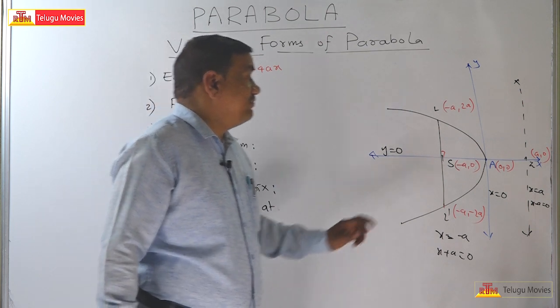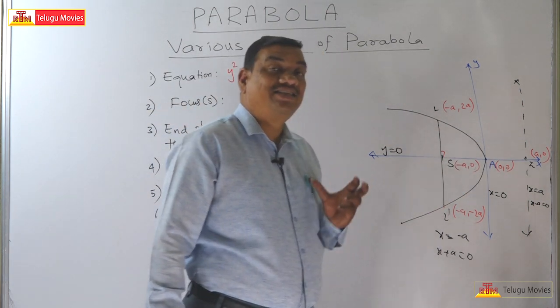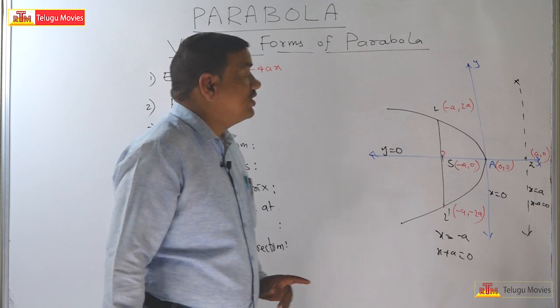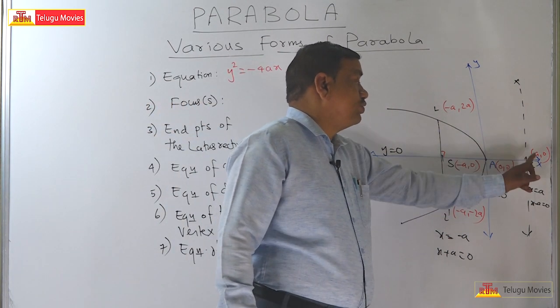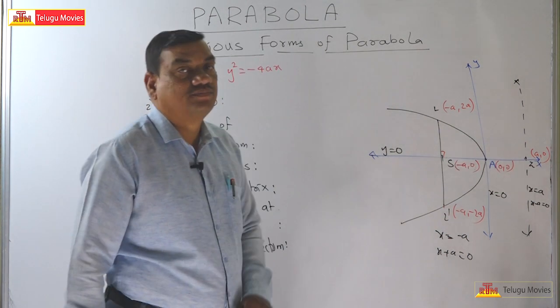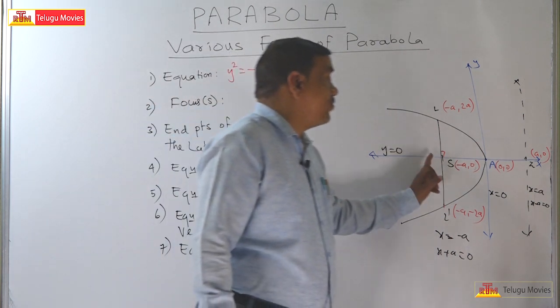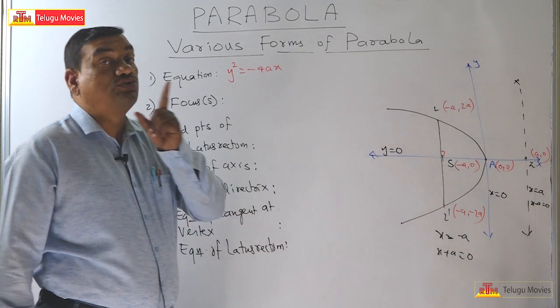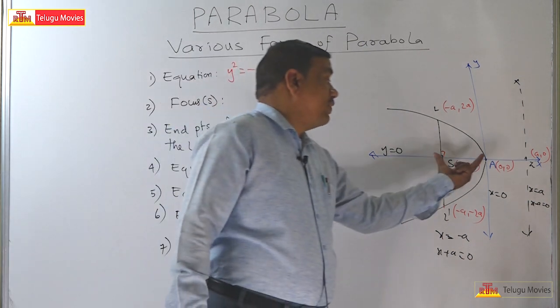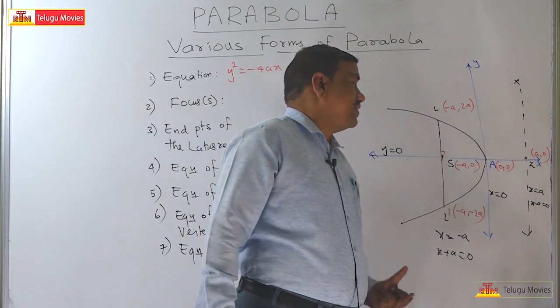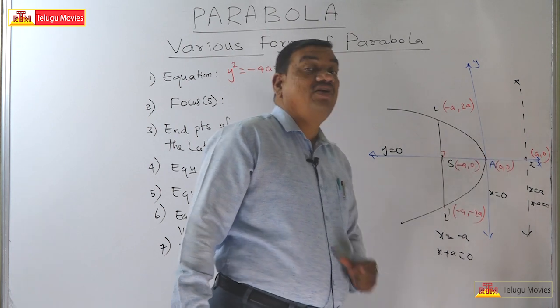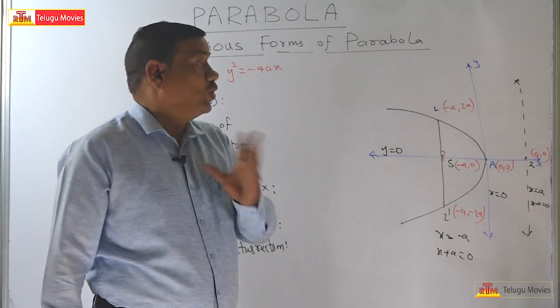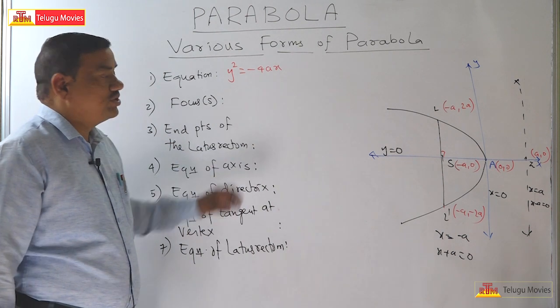The distance from the focus to the vertex is a, and the distance from the vertex to the directrix is also a. The distance from the focus to the directrix is 2a, because SA is a and AZ is also a, so a plus a is 2a. So we got all those things.